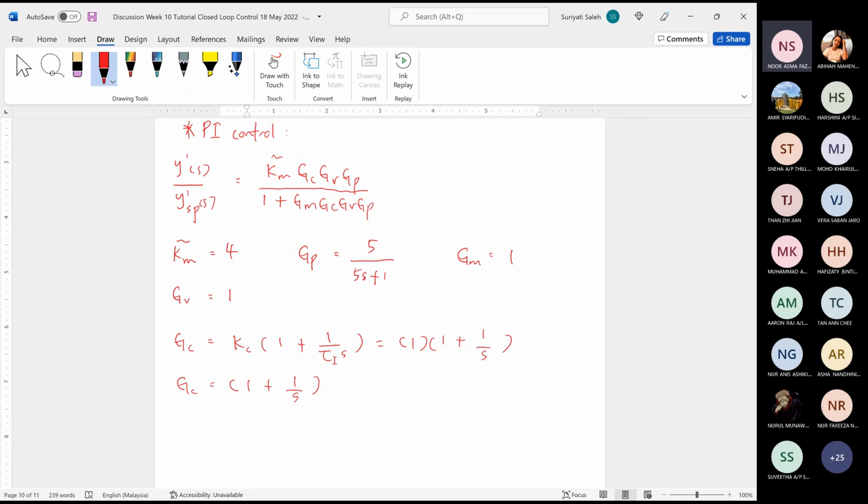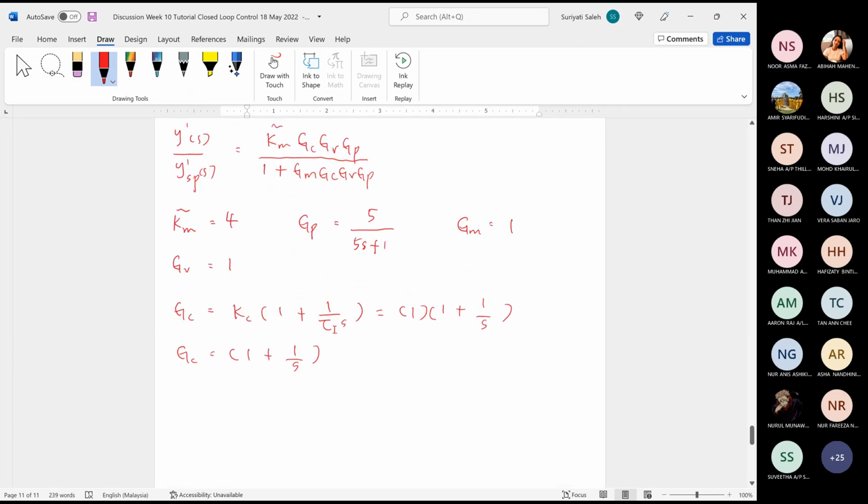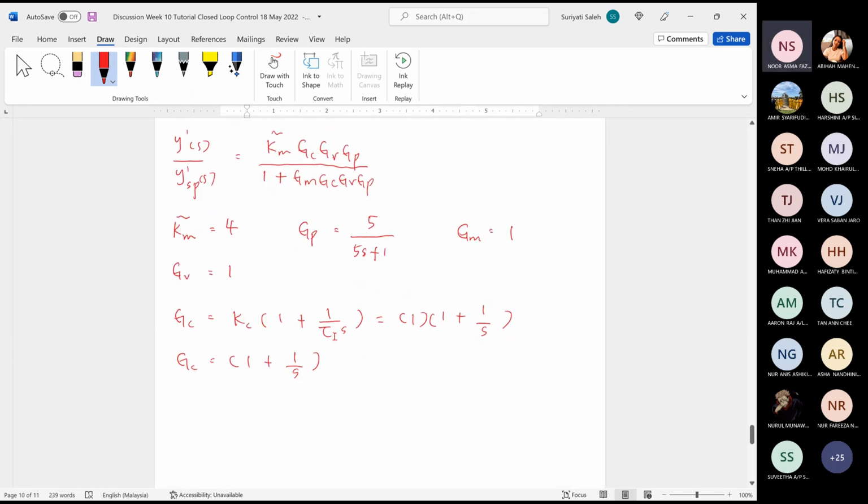What you need to do next is the substitution into the overall equation.